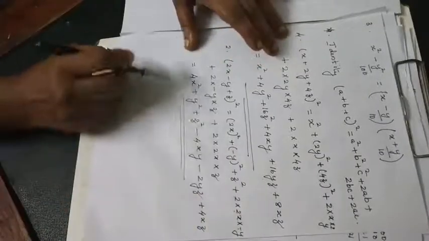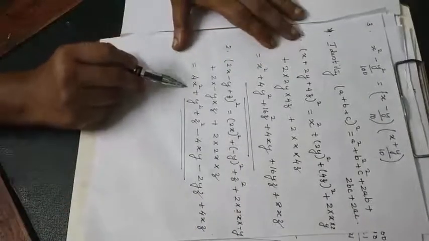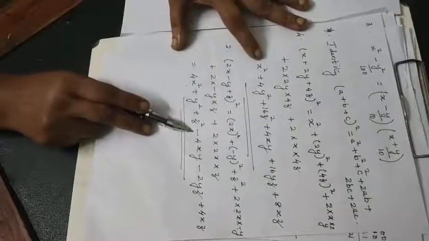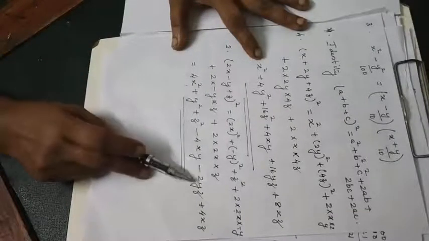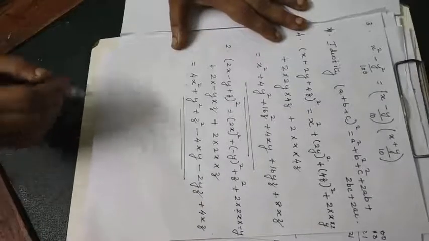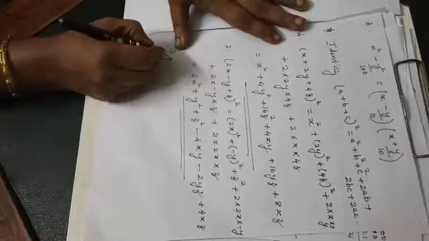So here you are getting 4x square plus y square plus z square minus 4xy minus 2yz plus 4xz.